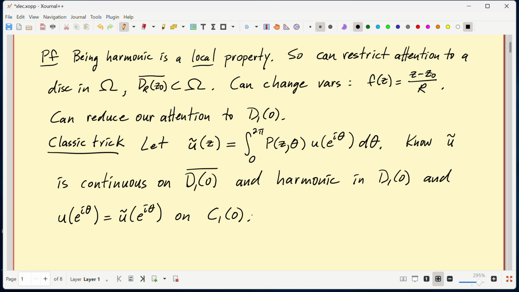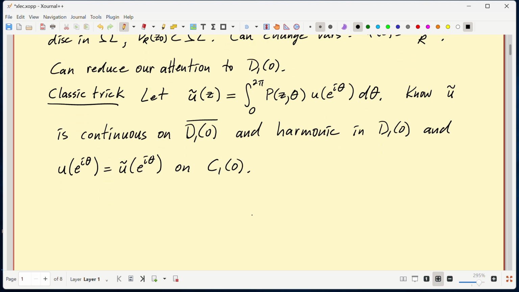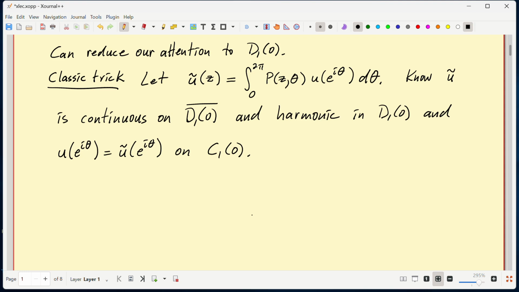And now here's a fascinating thing. Harmonic functions also satisfy the averaging property. So here I've got u twiddle, and here's the aha moment: u satisfies the averaging property too. And so why don't I take u twiddle minus u? U twiddle minus u satisfies the averaging property.